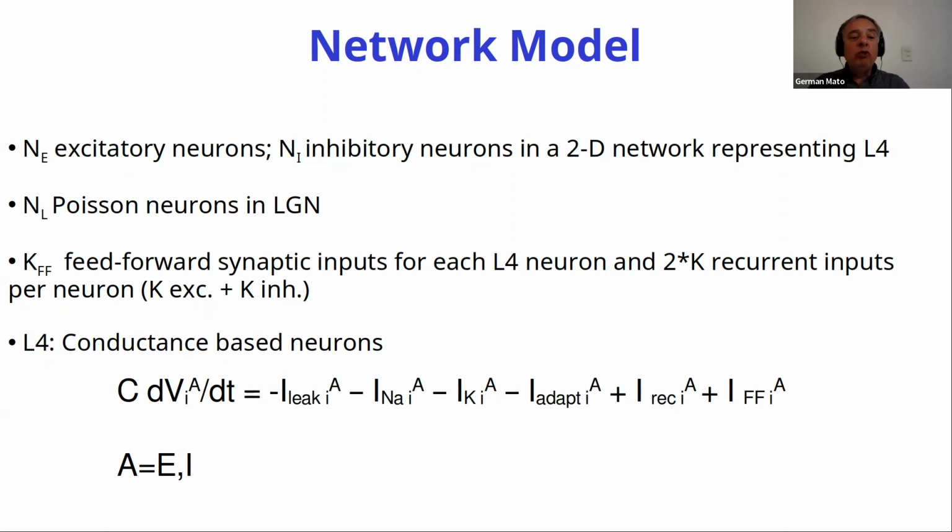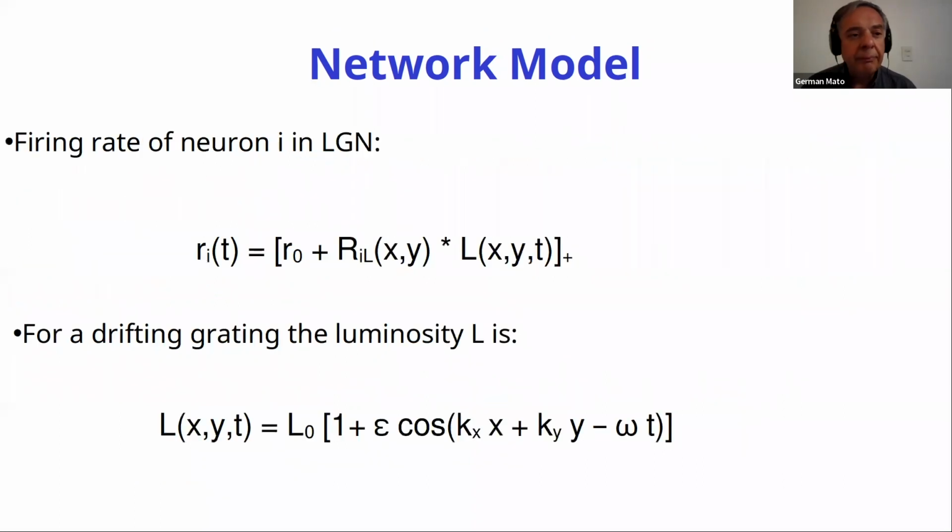The dynamics of the neurons in layer 4 is given by a conductance-based model with leak, sodium, potassium, and adaptation currents as intrinsic currents, and also recurrent currents that come from other neurons in layer 4, and feed-forward currents that come from LGN. The parameters of the model have been chosen such that the excitatory neurons are regular spikers and the inhibitory neurons are fast spikers.